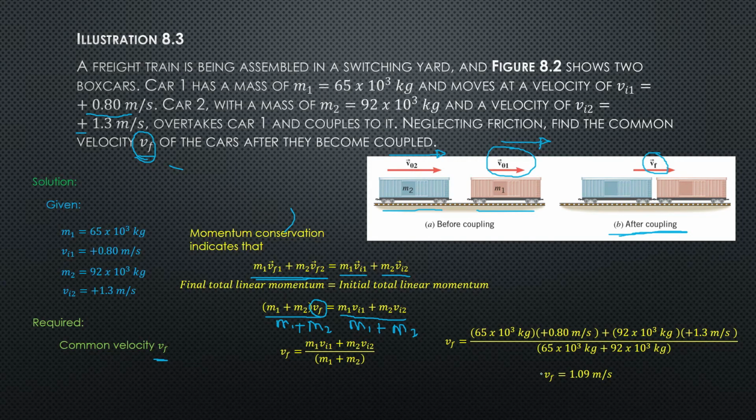Computing, you have a final result of 1.9 meters per second. So this is the common velocity vf when the cars become coupled.